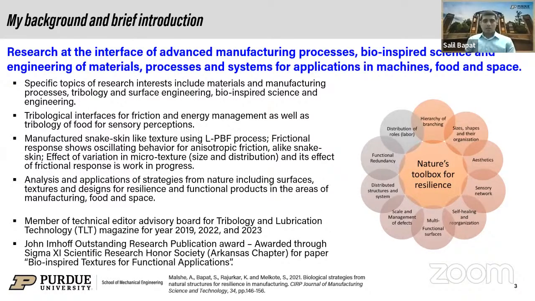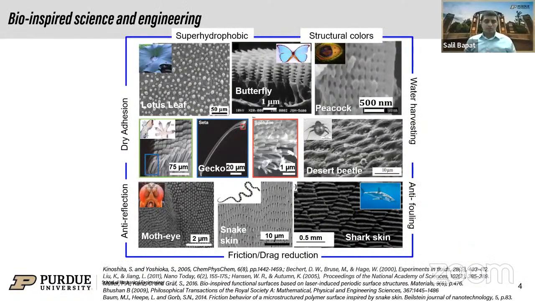At the same time, I also worked on what is called bio-inspired science and engineering. The research here at Purdue has bio-inspired science as one of the founding principles of whatever we do. In the next couple of slides, I would present the research on bio-inspired science that we have published, and how that serves as a platform for what I'm going to talk about today.